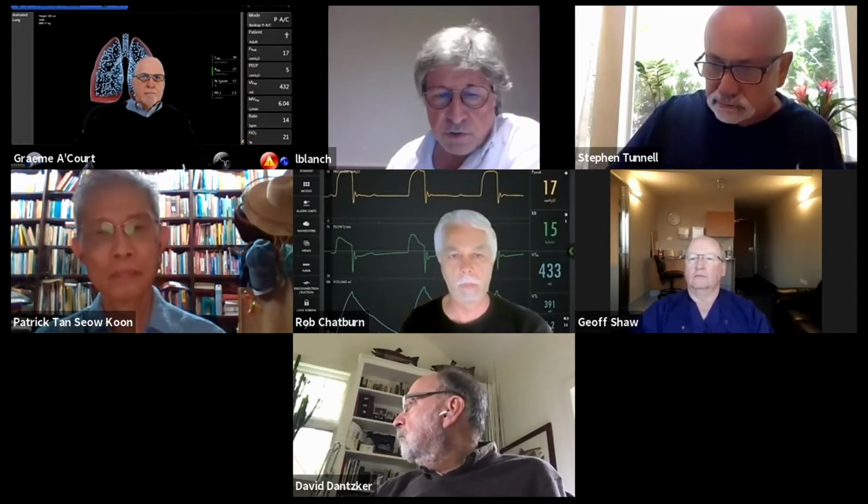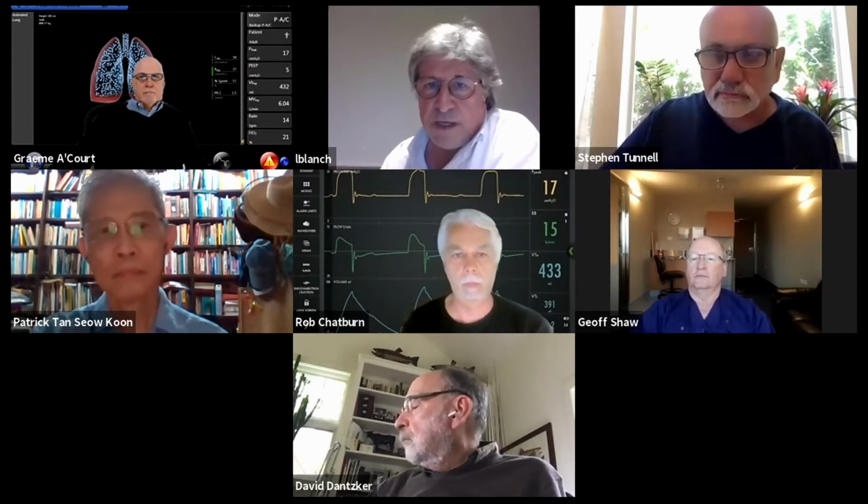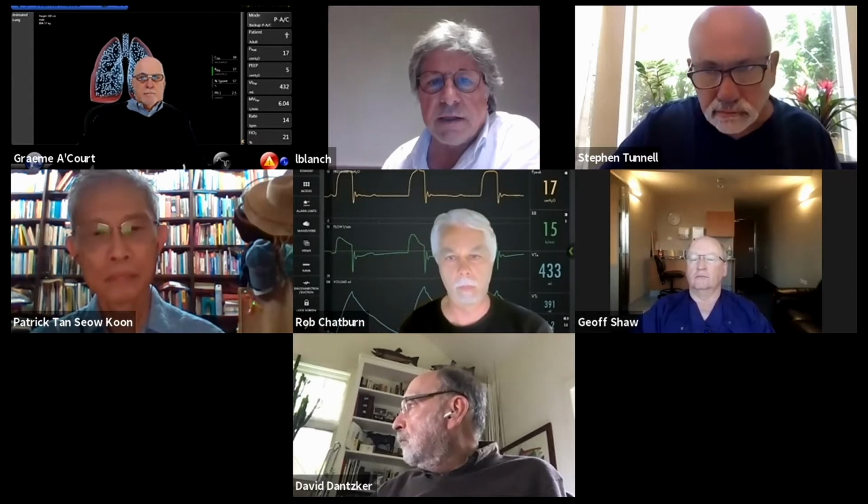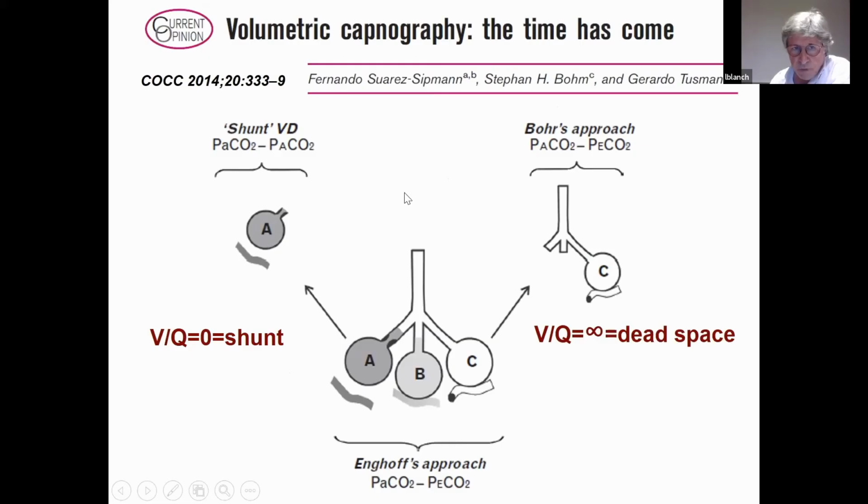To be a little bit more complex in that physiologic description, we must go to the first analytics of dead space, the Bohr approach, which takes into account only the CO2 as a function of volume, without taking into account the shunt component of that space, which is included when we take into account the PaCO2.